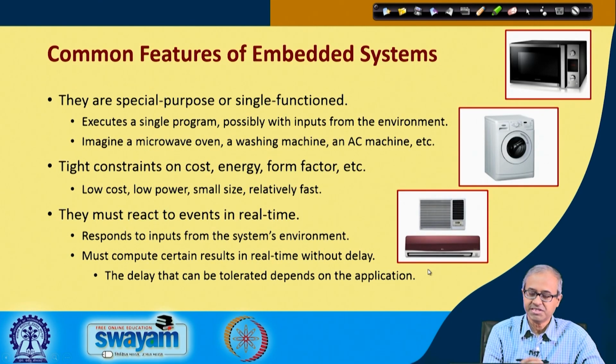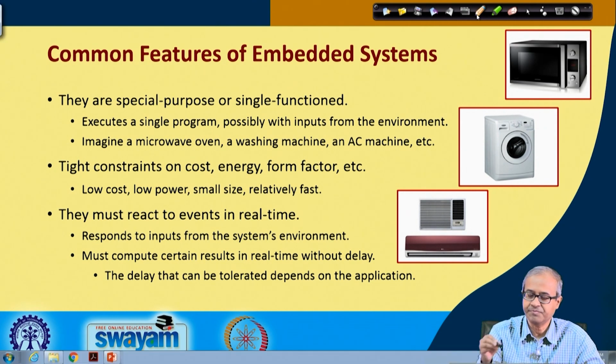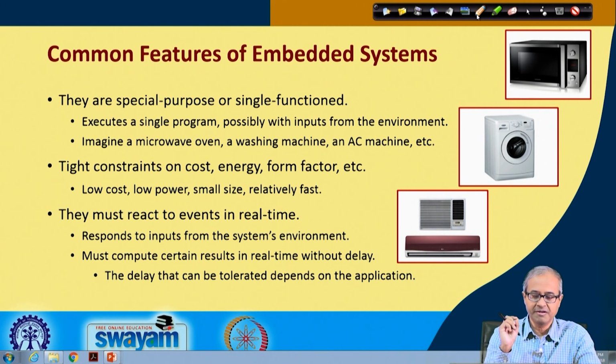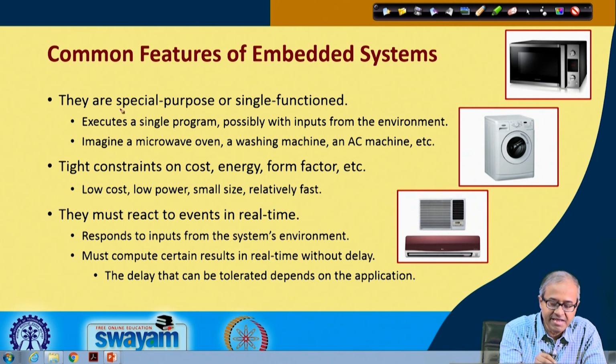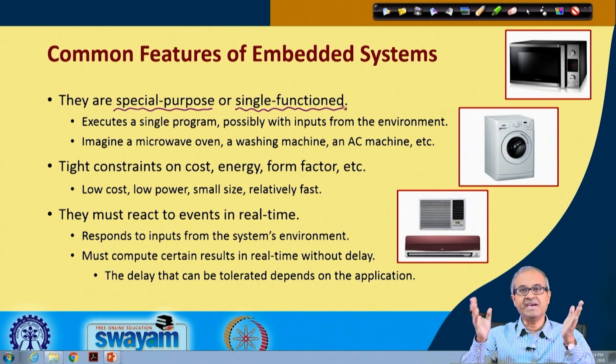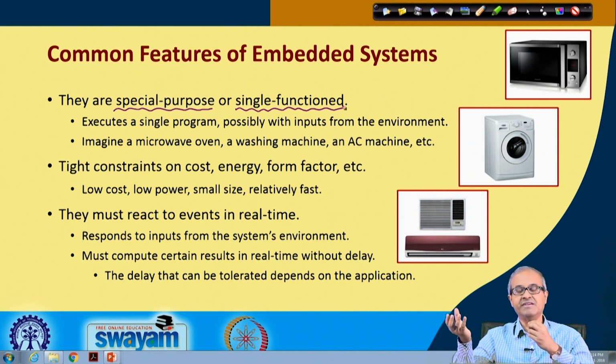There are some common features which are present in most embedded systems. Let us look at some of them. The first thing is that they are special purpose or single functional. Like an air conditioning machine, there is a processor inside.